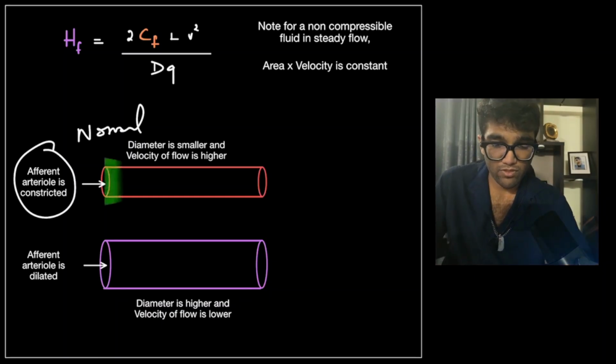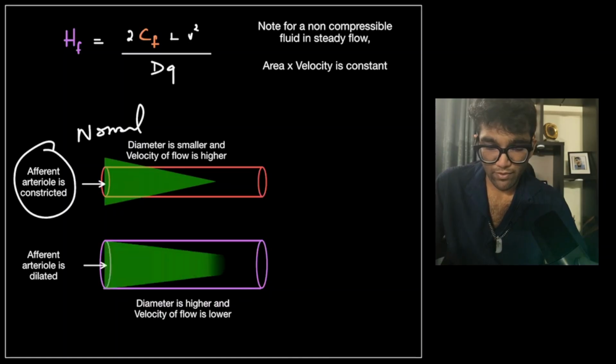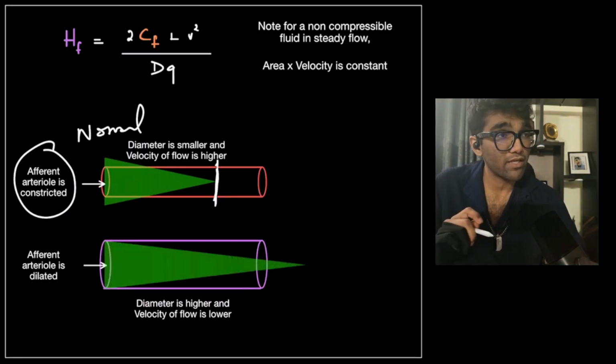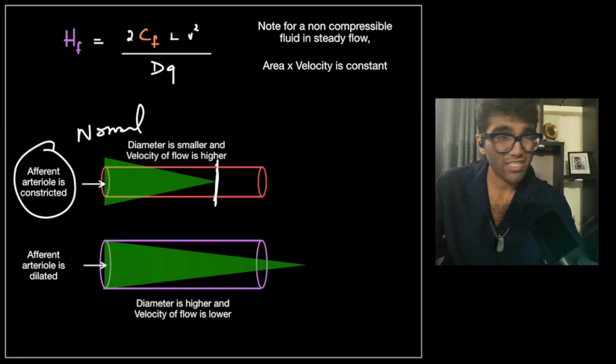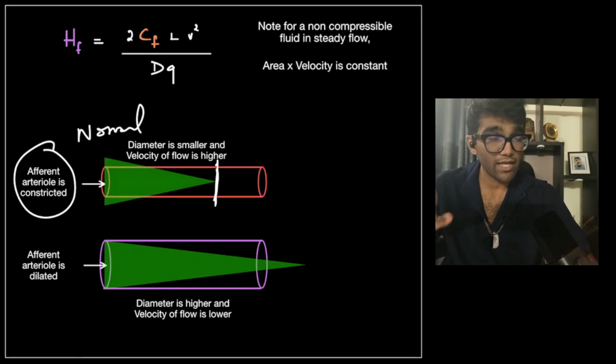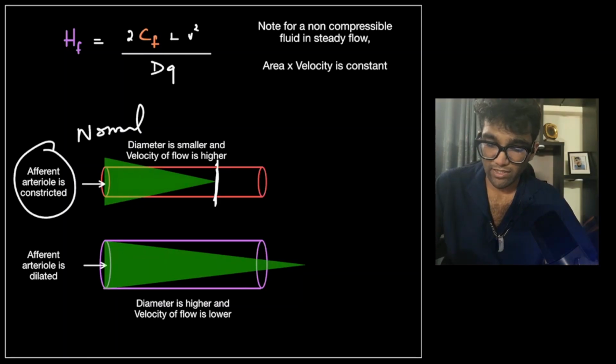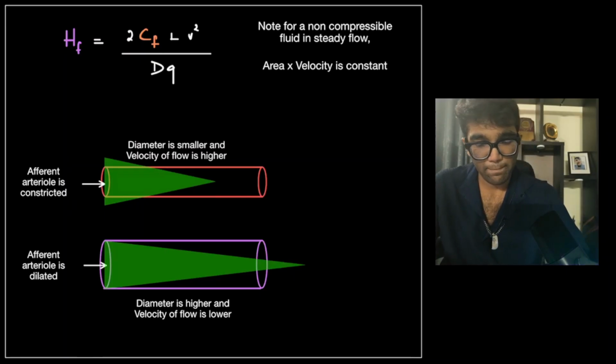So this is what the pressure loss looks like. Here the pressure decreases much more rapidly, and almost by the junction between the proximal 2/3 and the distal 1/3, the pressure is almost zero. Whereas here, when the afferent arteriole is dilated, the pressure is actually getting transmitted quite significantly ahead.